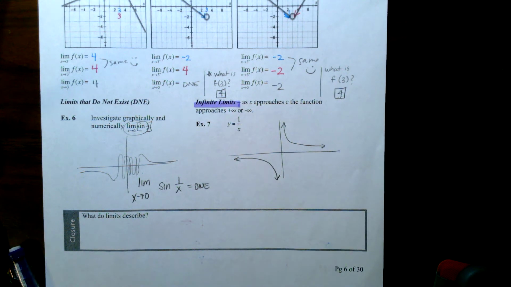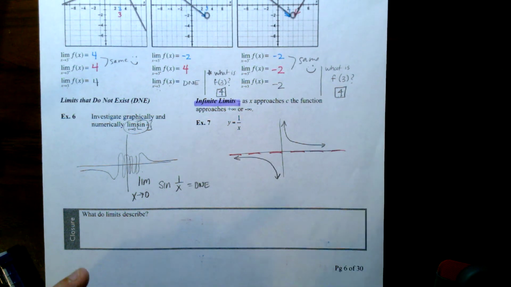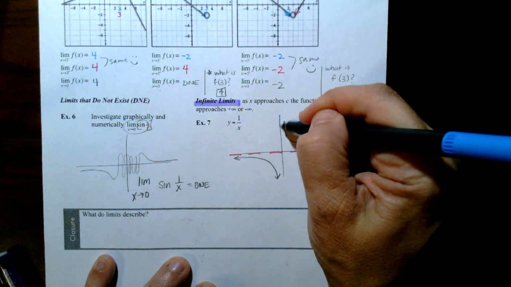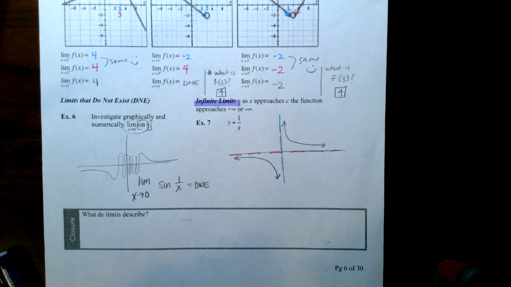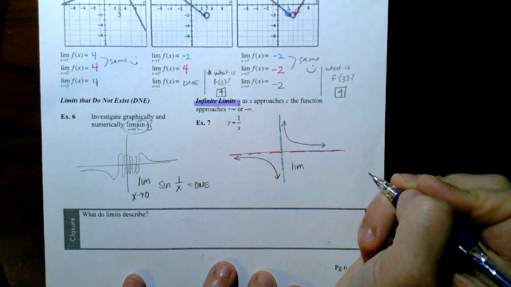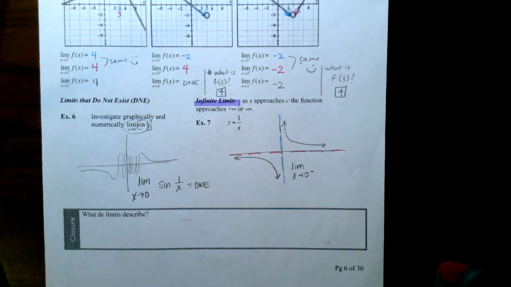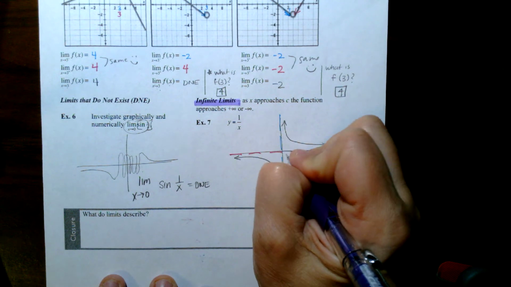And if you remember from our last unit, this function has two asymptotes. It has one here, and it has one here. Vertical and horizontal. Okay? So now if we talk about the limit as x approaches 0 from the left, do you know where in the graph I'm talking about?